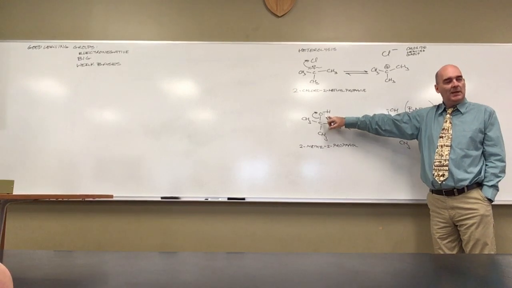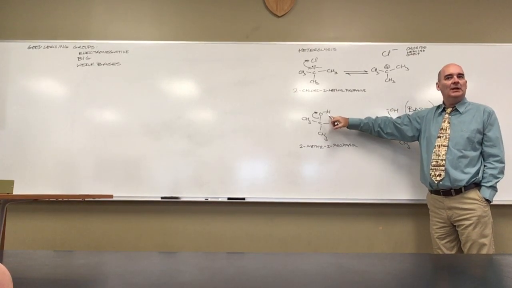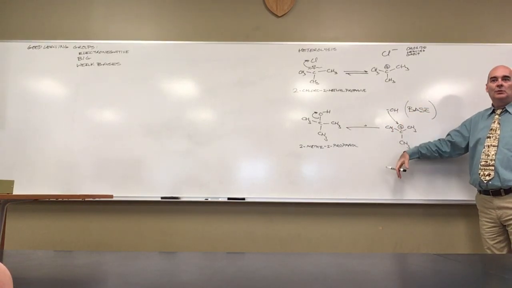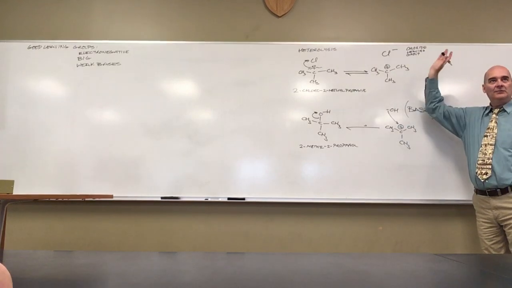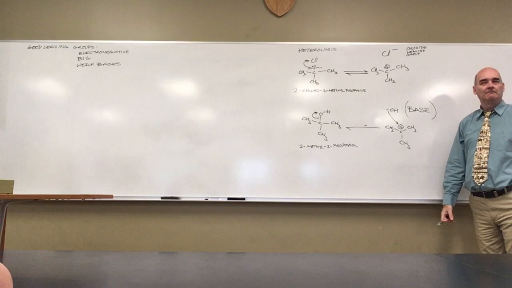Currently, I'm going to make it be. I'm going to turn this from being something that cannot be eliminated, because that is too strong of a base, into something that will give away the alcohol group. No problem at all.